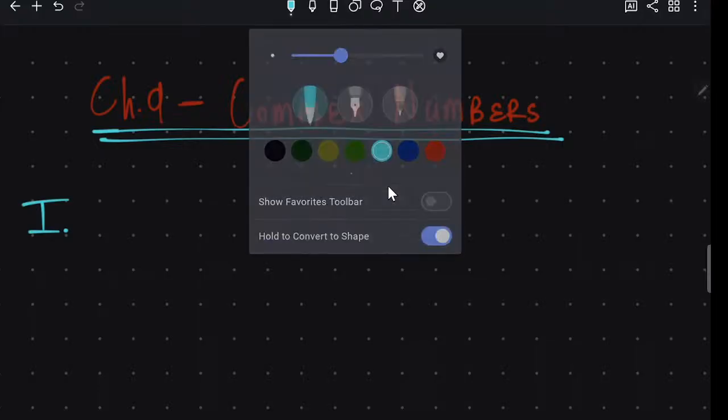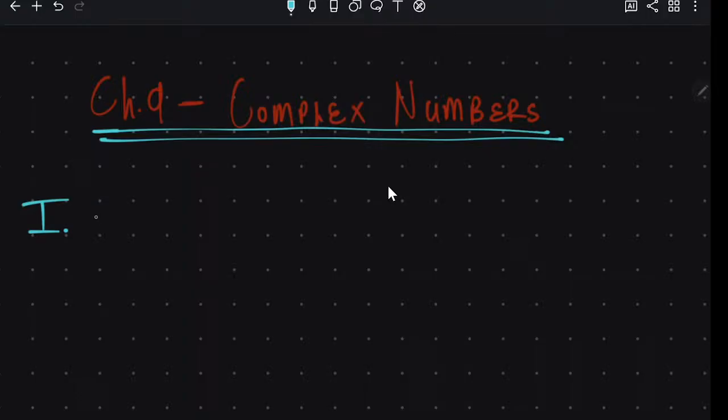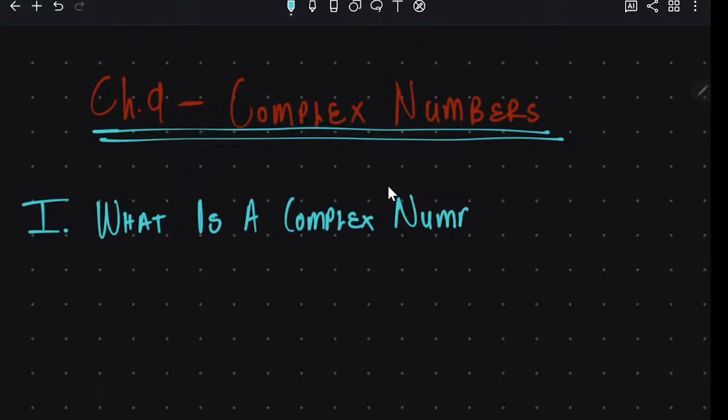Complex numbers, these are a number with 2 parts. What is a complex number? This is what we are doing in the first part.